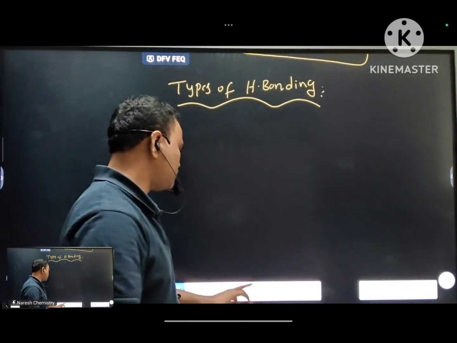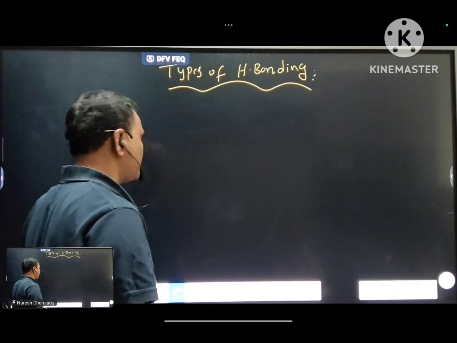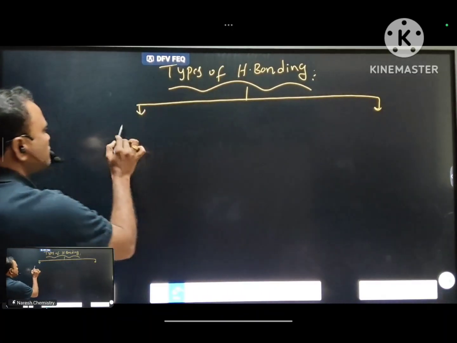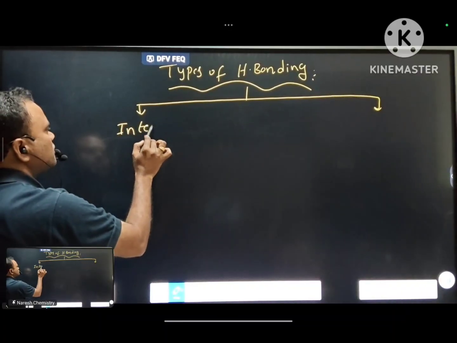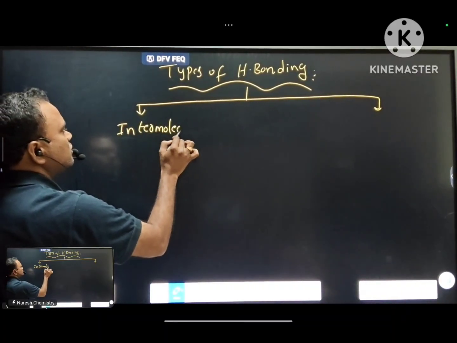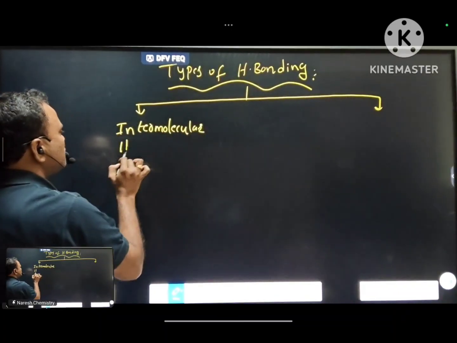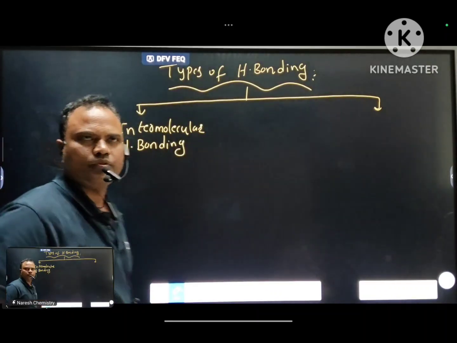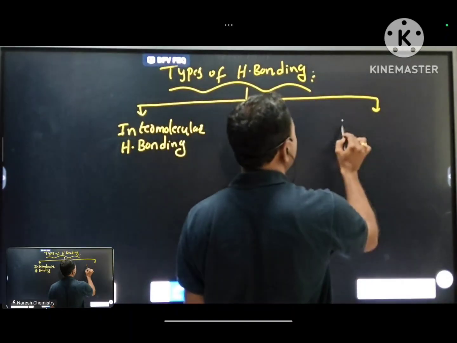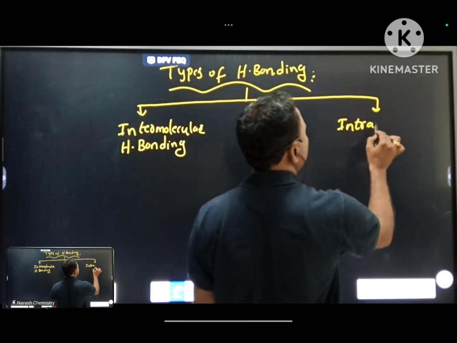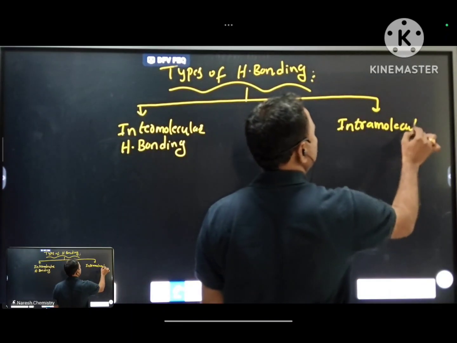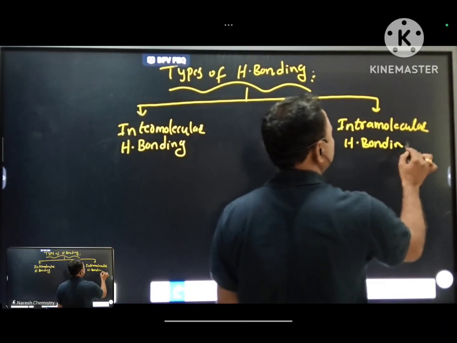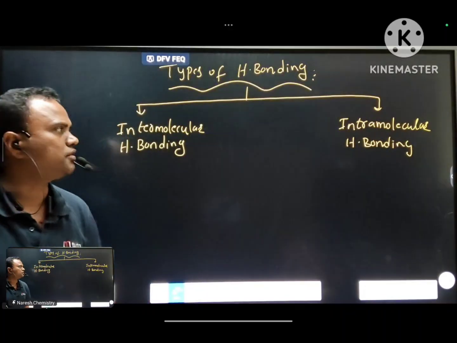Hydrogen bonding is classified into two types: intermolecular hydrogen bonding and intramolecular hydrogen bonding.